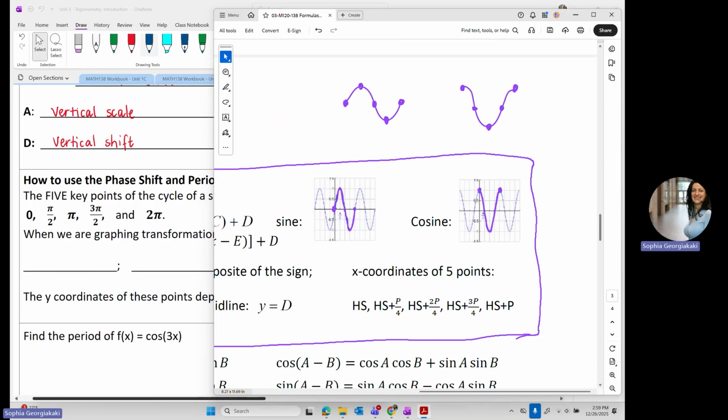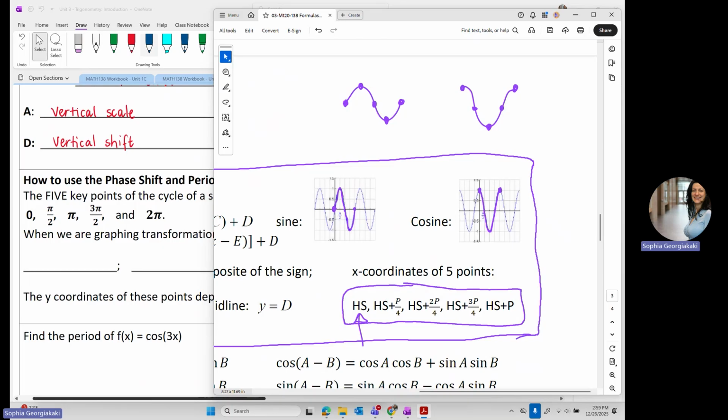The question is, how do we find the x-coordinates? The way we find the x-coordinates is we cut the period in quarters. We start at the horizontal shift, and then we add 1/4, 2/4, 3/4, and 4/4, and we will find the 5 points.